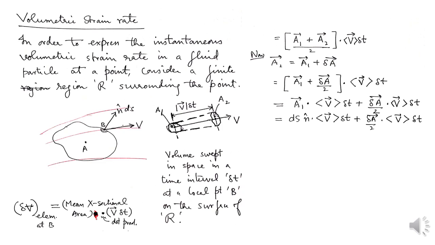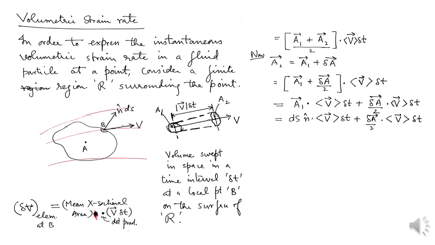Now the basic approach, since I don't want to use any kind of coordinate system to develop these ideas, is a very innovative and elegant way of deriving the volumetric strain rate, which we are going to show you here. To start with, we have a point A, as you can see in the figure, and we consider a finite region R surrounding the point.